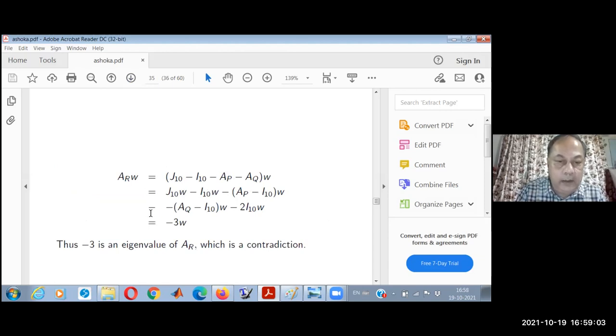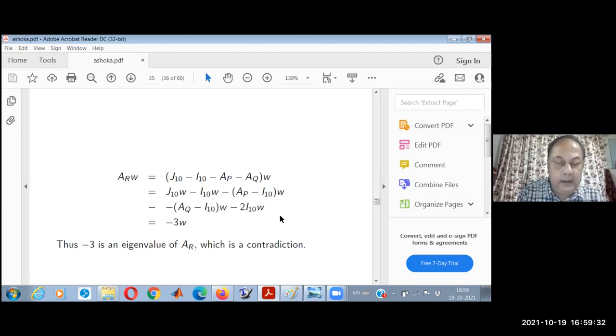This is just a rewriting. And now AP minus I10 times W will vanish because W is in the null space. Similarly, this will vanish. And minus I10 W minus 2 I10 W will be minus 3W. And so I get AR W equal to minus 3W. That means minus 3 is an eigenvalue of the Petersen graph, but it is not. So that is a contradiction.